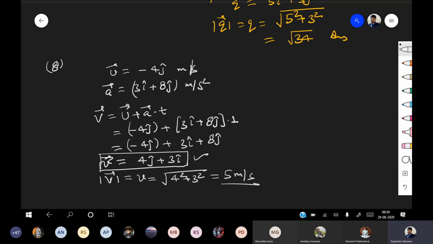So that will be the answer. Noted? For school or college, both ways it is fine. You can mention that in vector form the answer is this, in magnitude the answer is this.